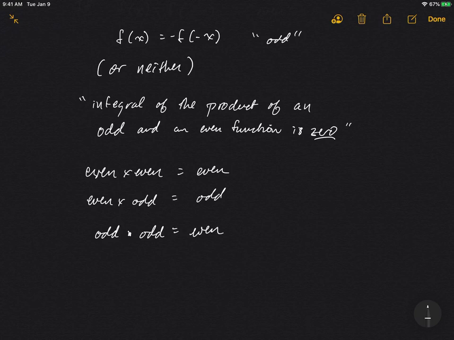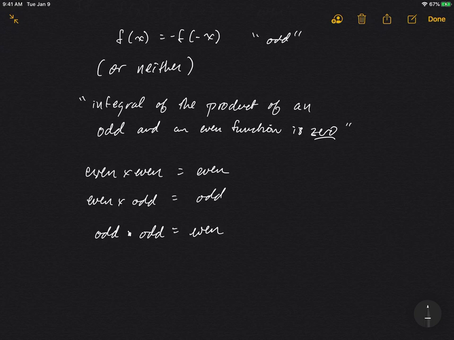Now, the integral of an odd function over all space, which would also be true for the product of an even and an odd function, the integral of that function over all space is going to be 0 because there's going to be positive lobes and negative lobes, and because they're symmetric, they're going to exactly cancel. Assuming that your function is well behaved at x equals infinity or is somehow truncated before x equals infinity. So in this case, we've got exponentials.